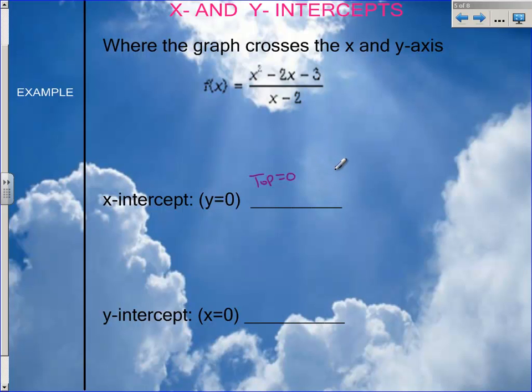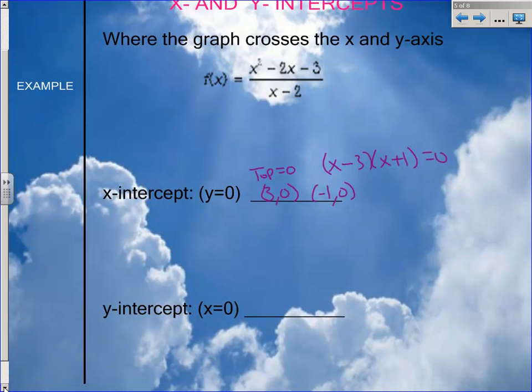So in this example, x squared minus 2x minus 3, I'm going to factor the top, and I'm going to set it equal to 0, and I'm going to get that x equals 3 and x equals negative 1. You want to make sure that neither one of these x values make the bottom 0, because we can't be 0 at the top and bottom at the same time. That actually is a hole or a removable discontinuity. We'll talk about that more later. But 3 and negative 1 do not make the denominator 0, so that's your x-intercepts.